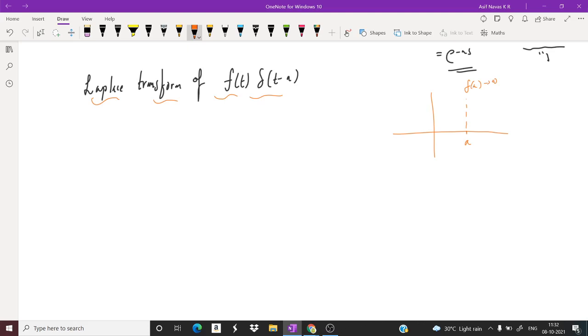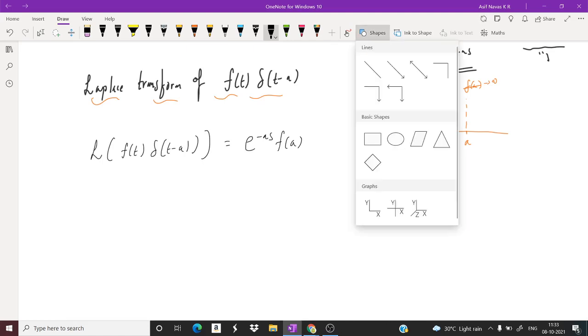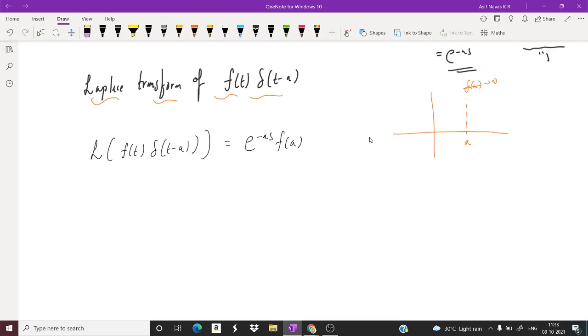This is going to infinity, right? So I am only giving the formula: the Laplace transform of f of t into delta t minus a is equal to e raised to minus as f of a. Okay, so please note it down.